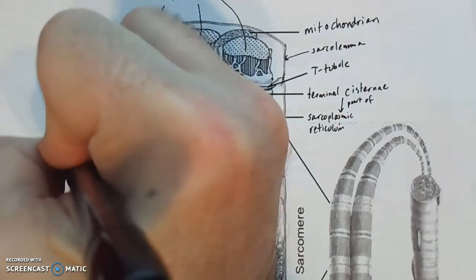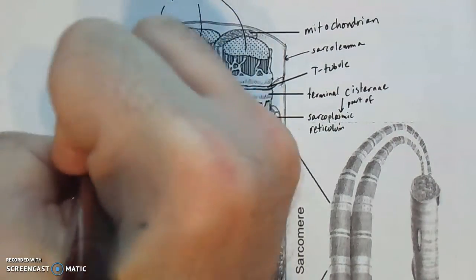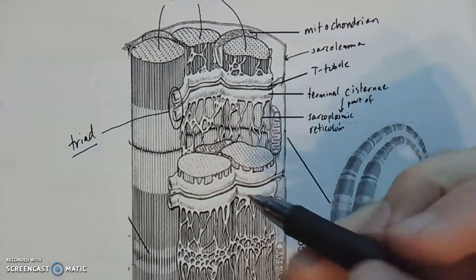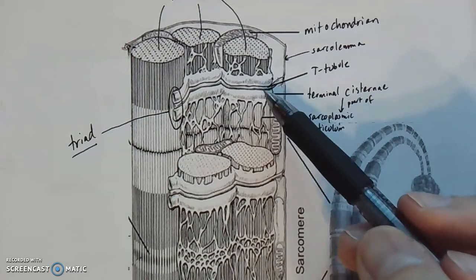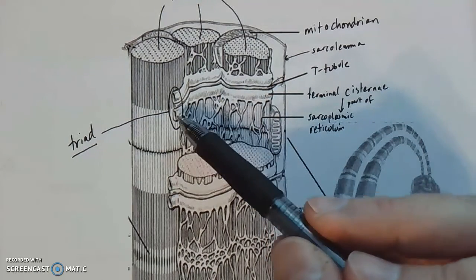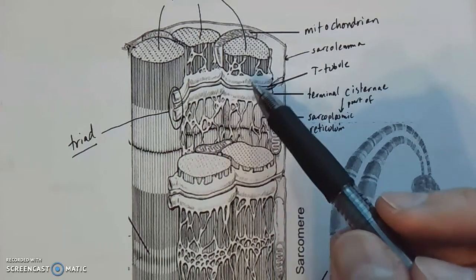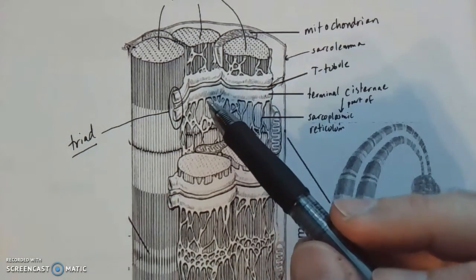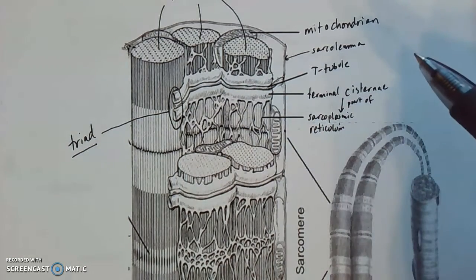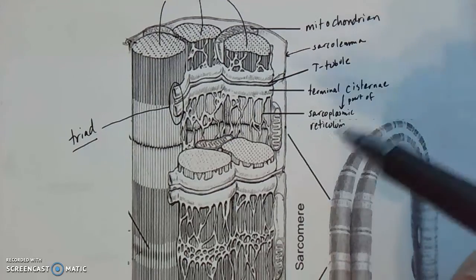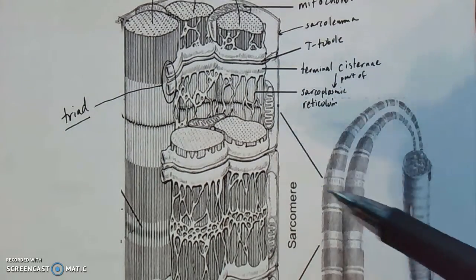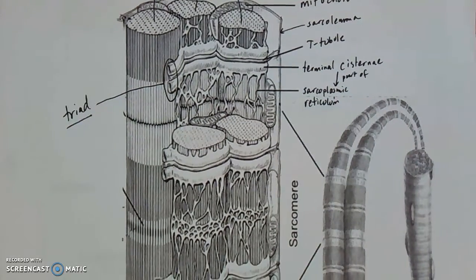This is referred to as the triad. Tri meaning three. This is going to be really important in how the muscle actually functions. This structure has a very specific reason for looking the way it does.